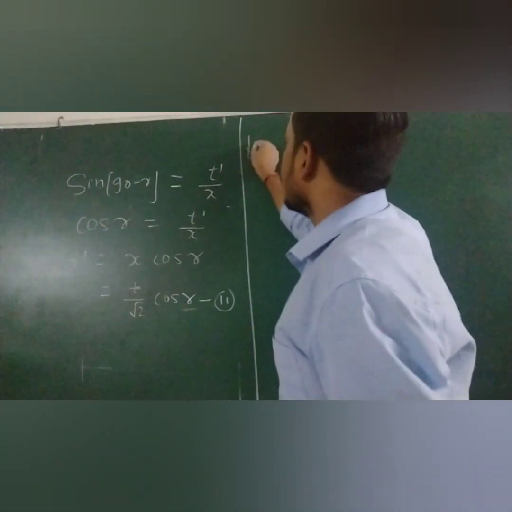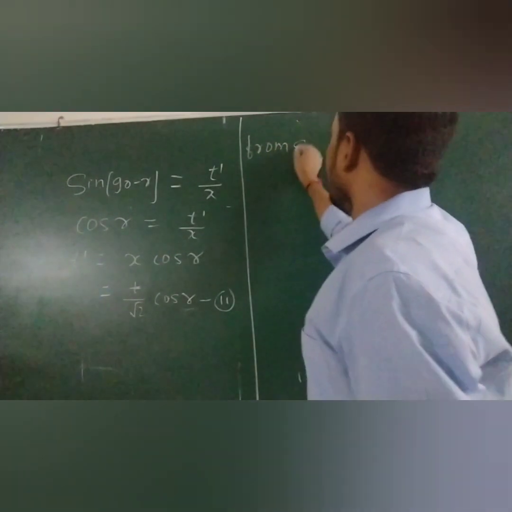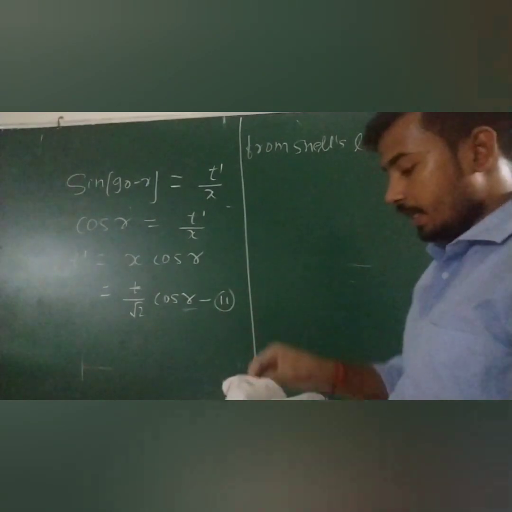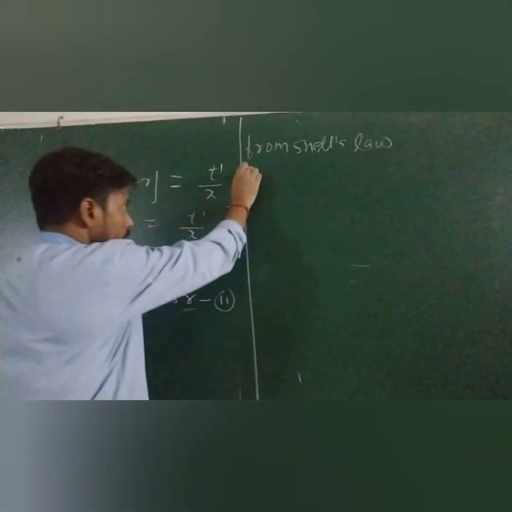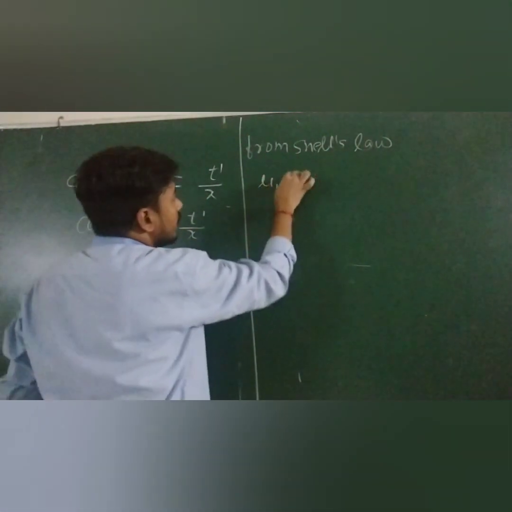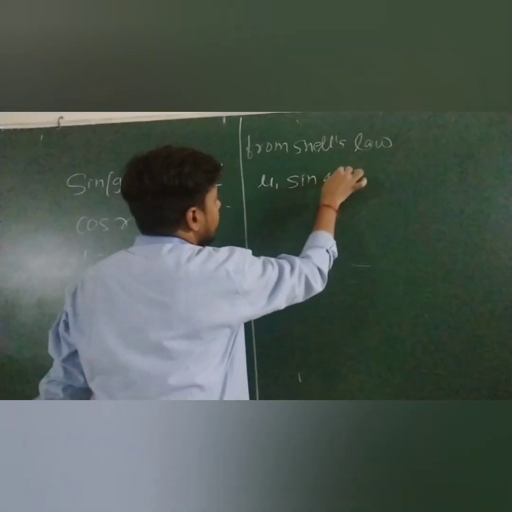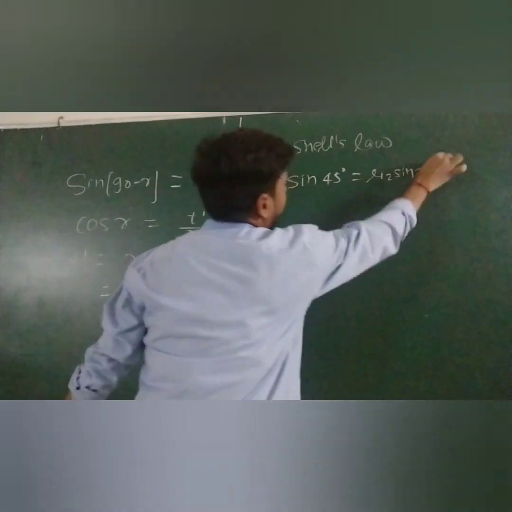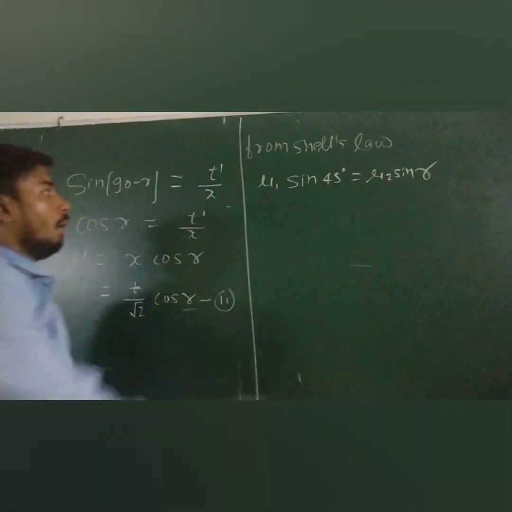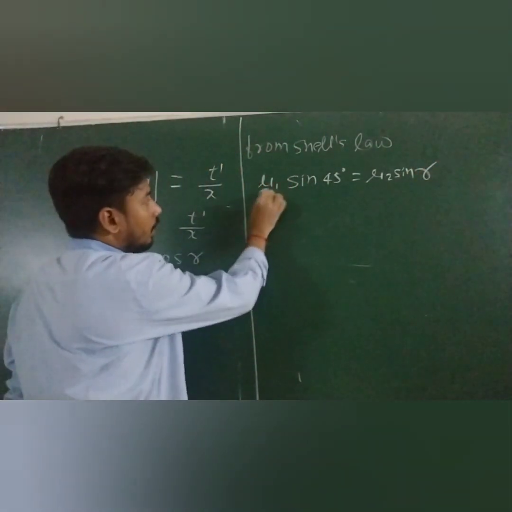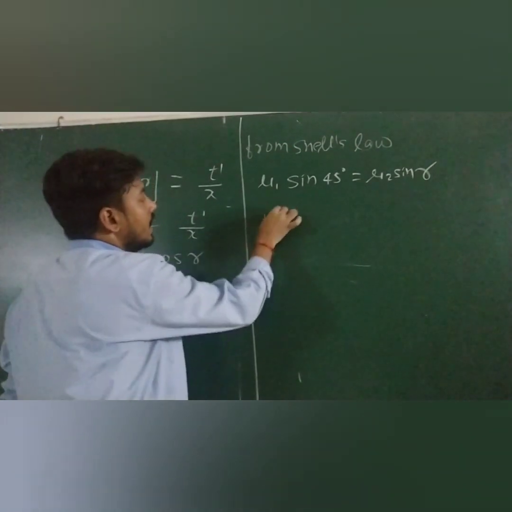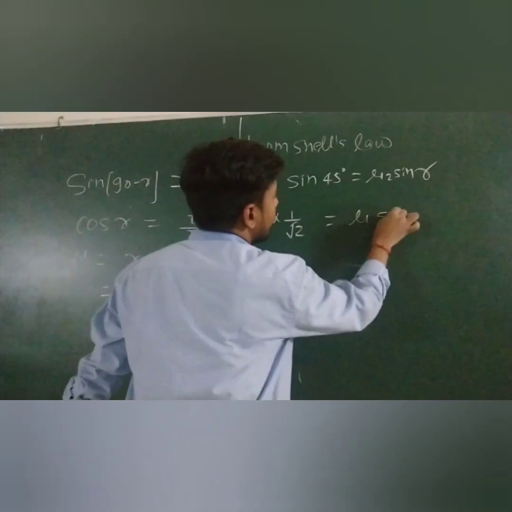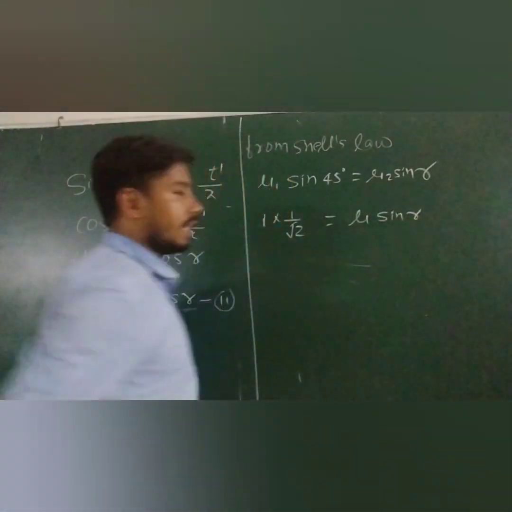Now from Snell's law, mu1 sin I, where I is given as 45 degrees, is equal to mu2 sin R. Mu1 is 1 because it is air. So this is 1 by root 2, and this is mu and sin R. Is the refractive index given or not?